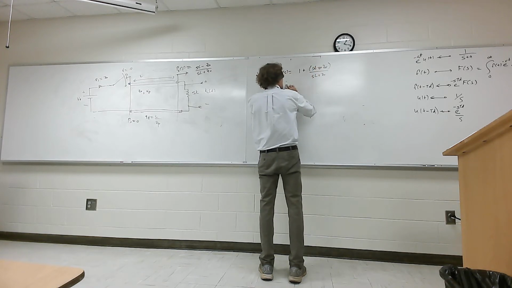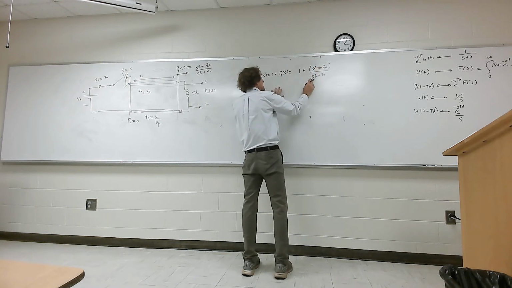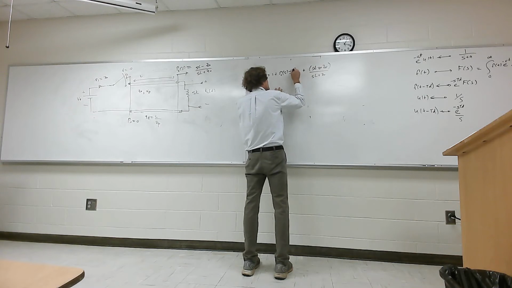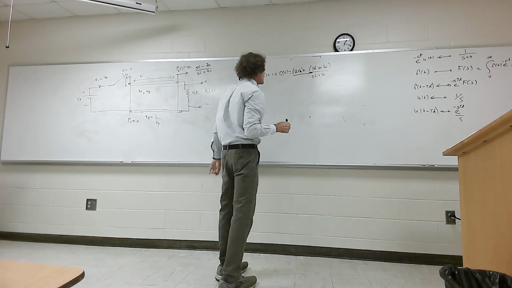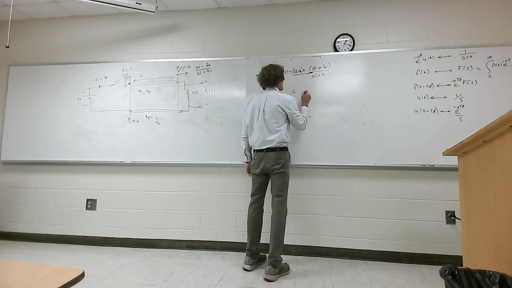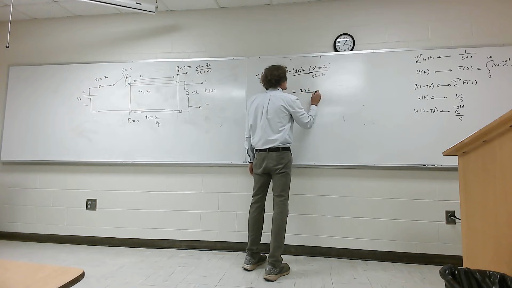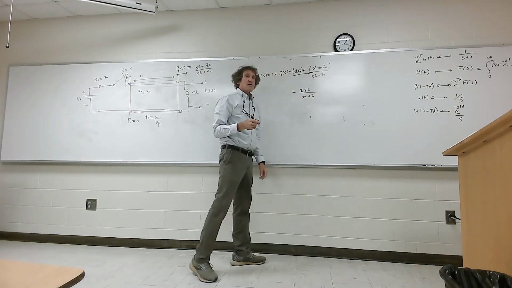And then over here, it'll be just 1, or SL plus Z naught over here. And I have a common denominator. And when you look at this, this is going to be really 2SL divided by SL plus Z naught.